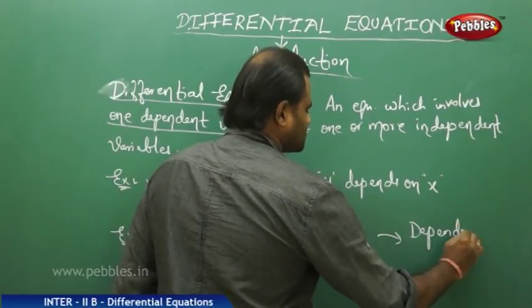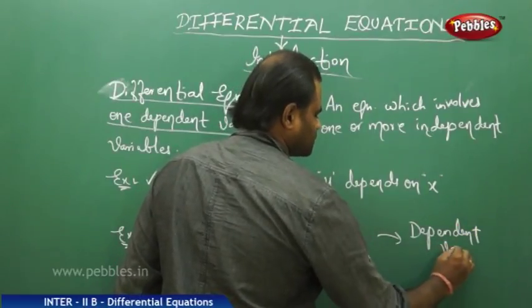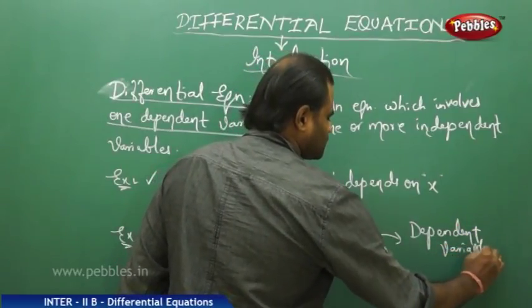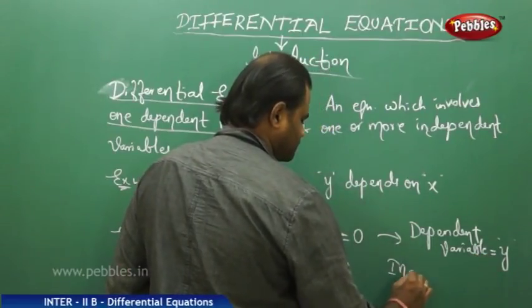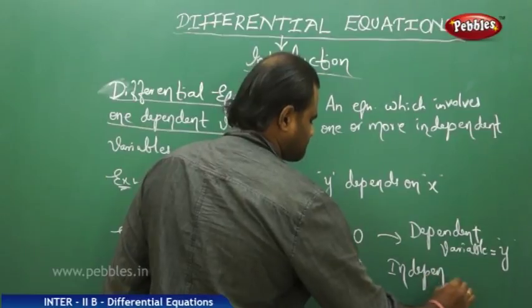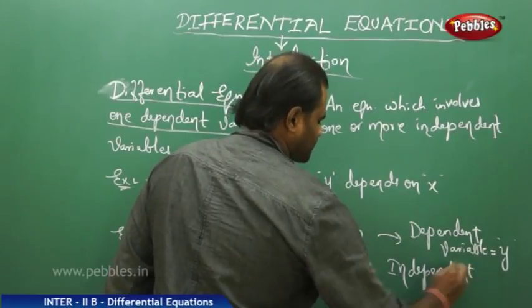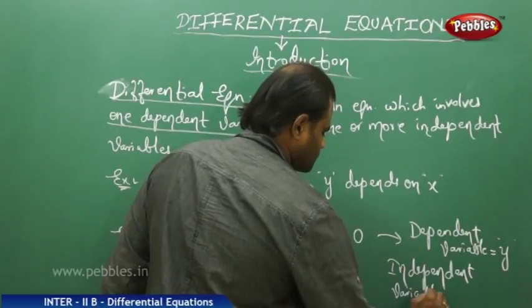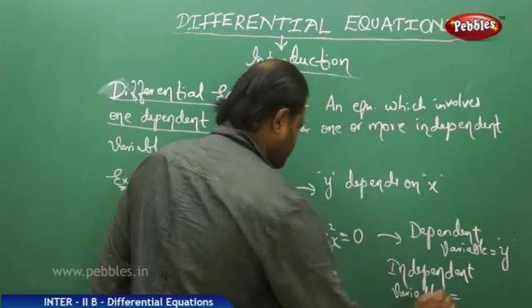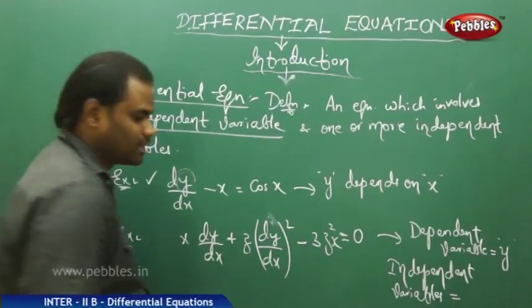So in this case, the dependent variable is y and the independent variables are x and z.